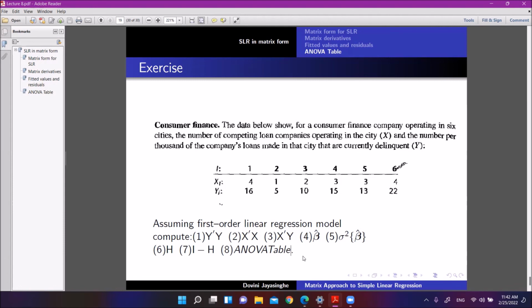And always show the method so that you can score marks, right? The marks are given. If you are asked to compute beta hat, don't compute X transpose X inverse on a rough paper, and X transpose Y again on a rough paper, and finally give the value here.